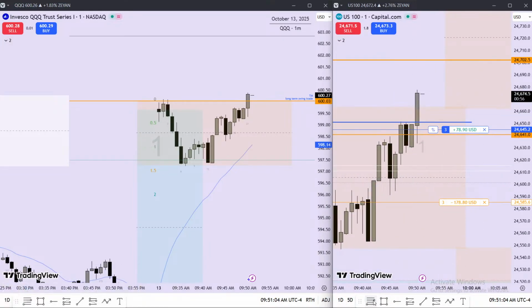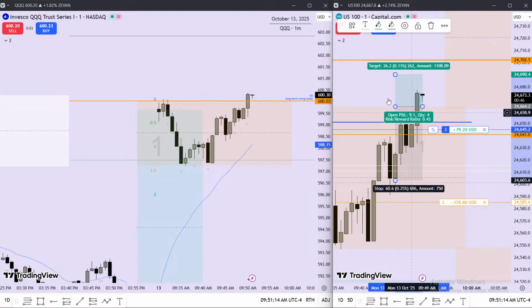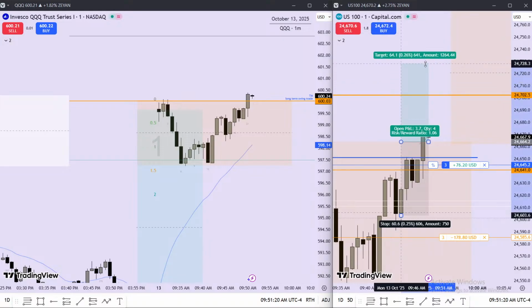I cannot execute a double trade on this position, so I am taking another scalp long. This represents the three-contract swing trade. The scalp trade is basically a one risk-to-reward trade that is going to cover my stop loss for the swing trade. I'm not interested in letting the scalp run.